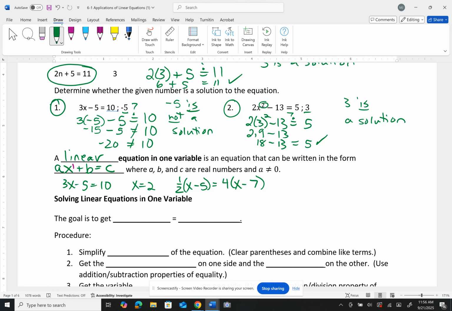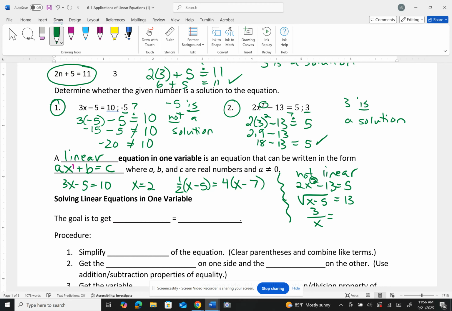Okay. All right. Things that are not linear would be things like number 2, and that's because of the exponent, or things like this. Okay, a radical. Or if you had a variable in a denominator, something like that.